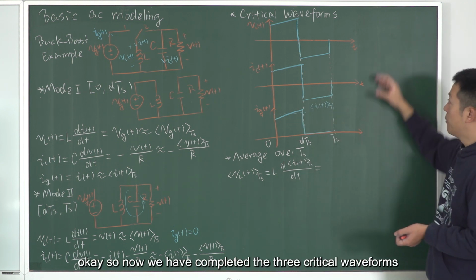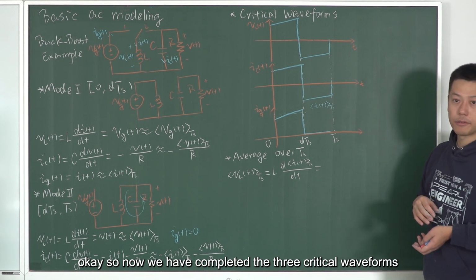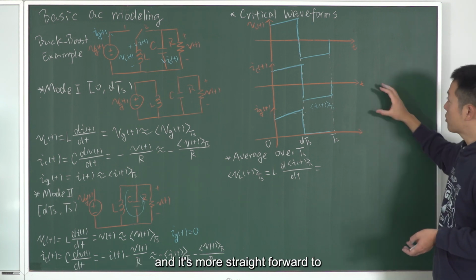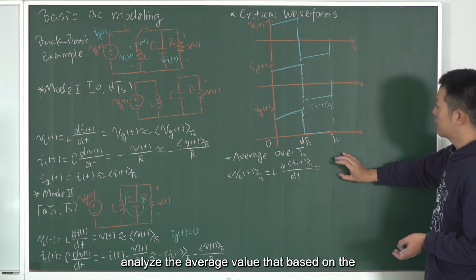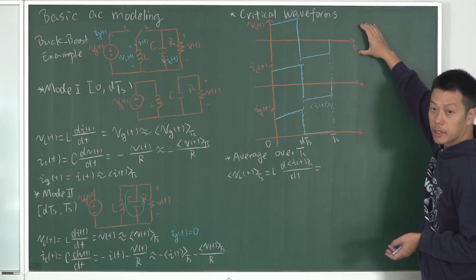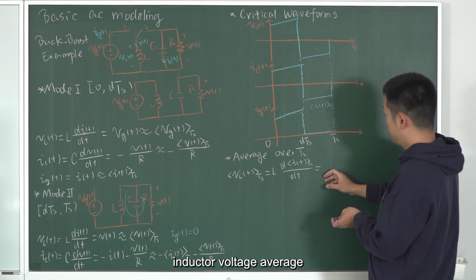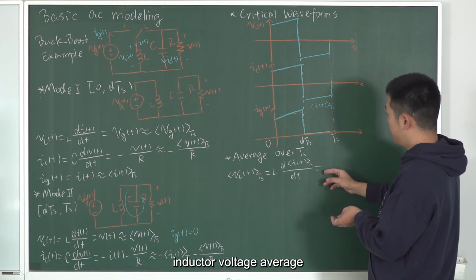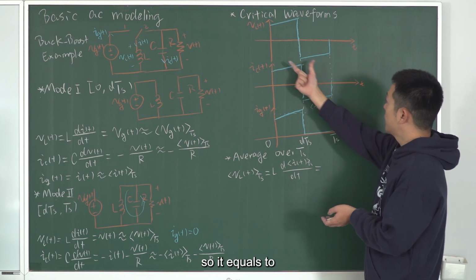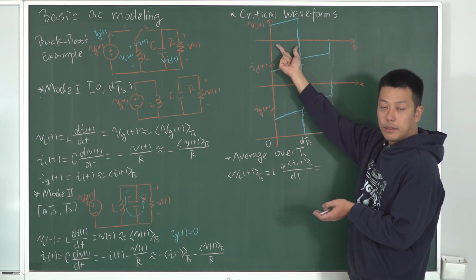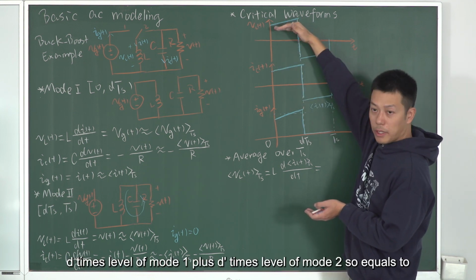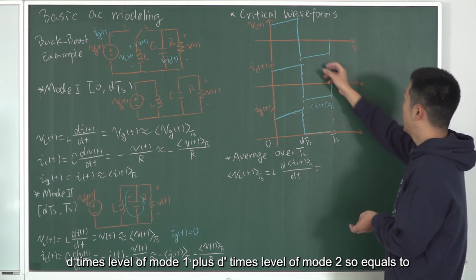Okay, so now we have completed the three critical waveforms. And it's more straightforward to analyze the average value based on the graphical illustration. So for the inductor voltage average, it equals D times the level of mode 1 plus D prime times the level of mode 2.